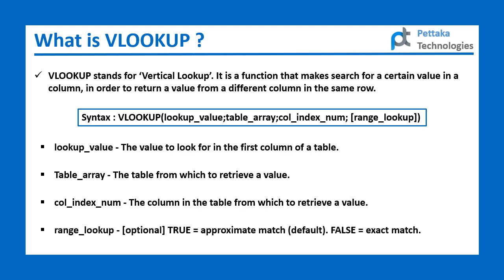Fourth and last one is range lookup, and it is optional. By default, it will take your approximate match called true, and if you want to get exact match, then you can choose false. Now we will use this VLOOKUP function in Excel to get manager name from team detail sheet.